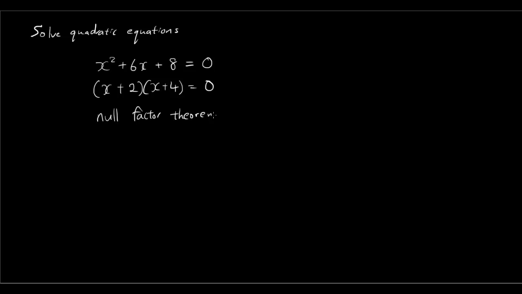The null factor theorem states that when a times b equals 0, where a and b can be any two numbers, then either a equals 0 or b equals 0. So basically, if you have two numbers that multiply together to give you 0, then one of them has to be 0 for that to happen.